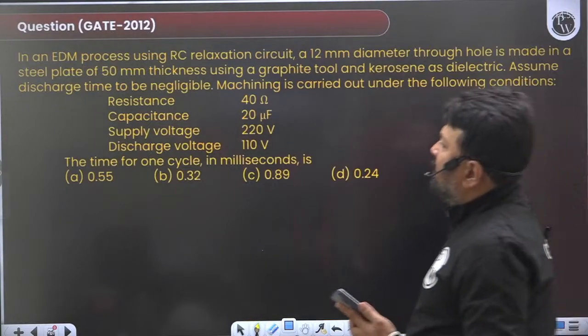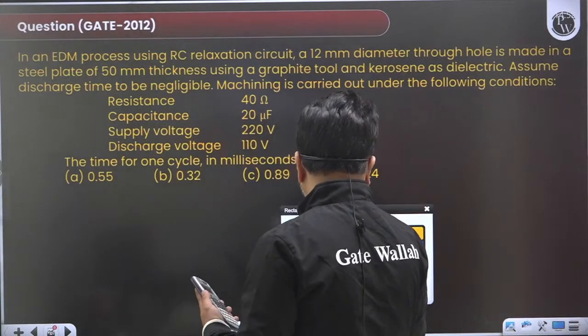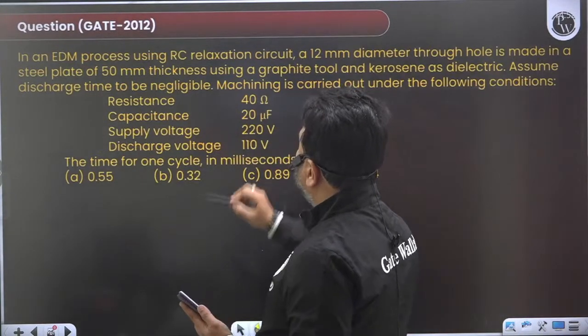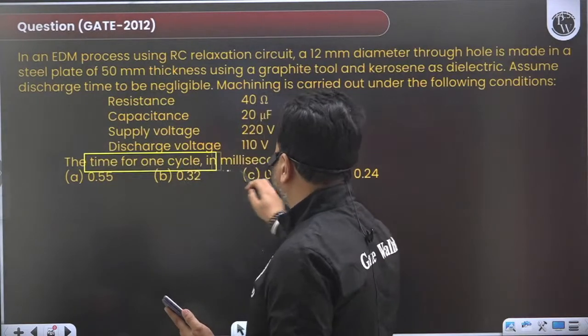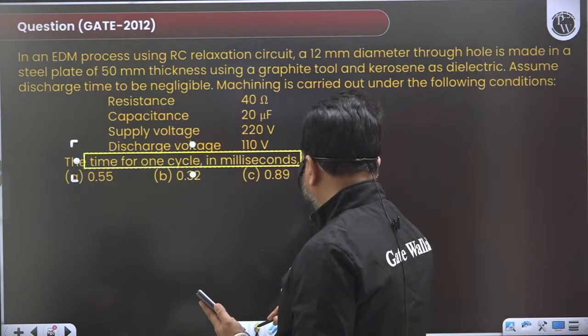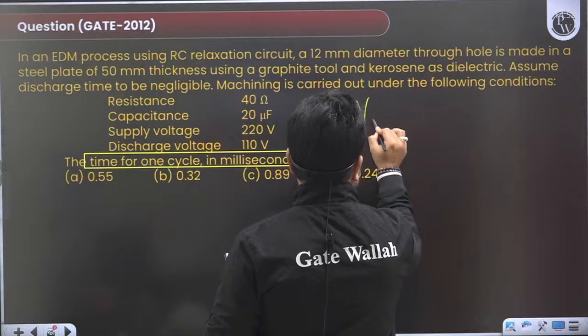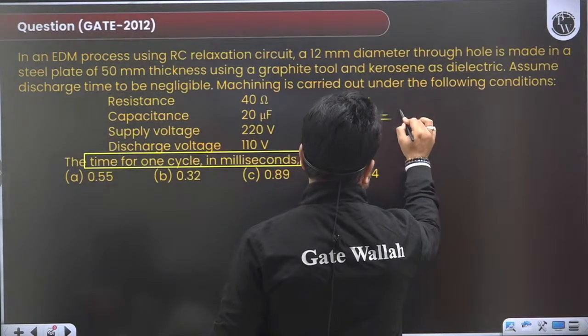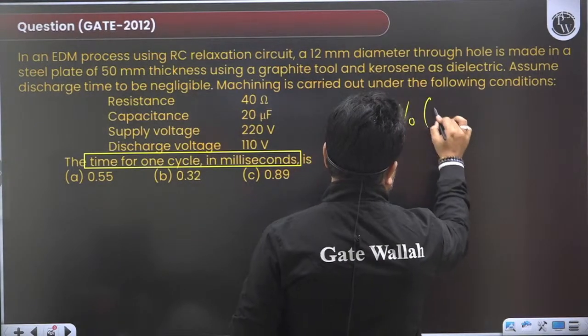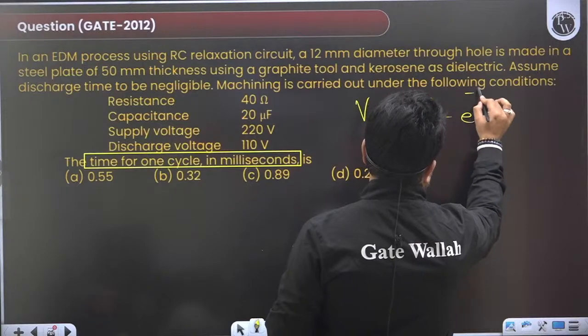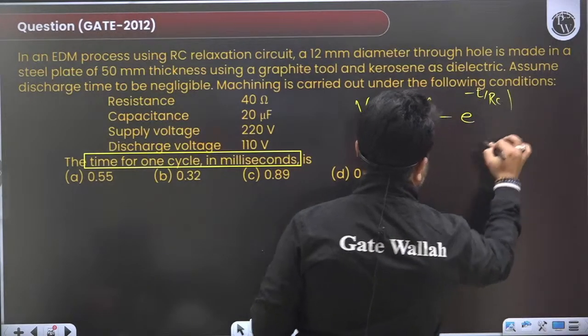Clear? Now here the question is of EDM. We have to find the time of one cycle in millisecond. So we know that the charging voltage of the capacitor, with the applied supply voltage, is 1 minus e to the power minus t by RC.